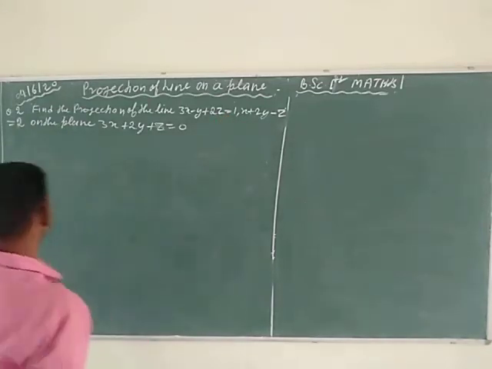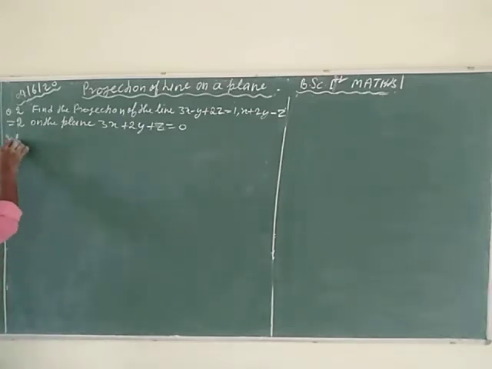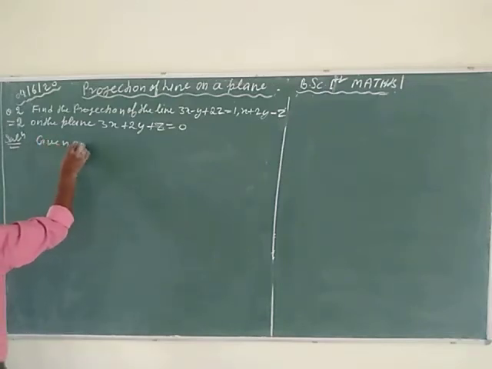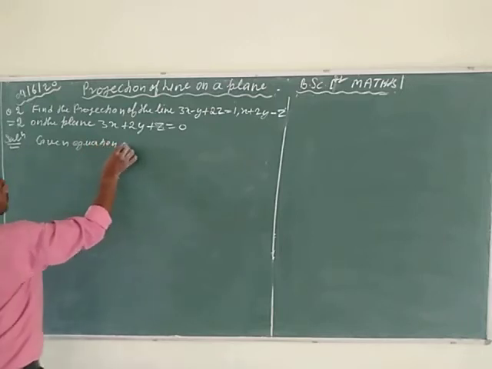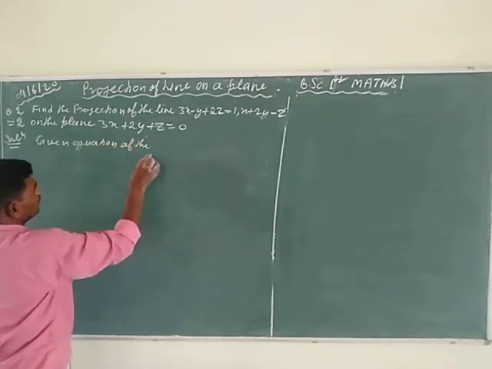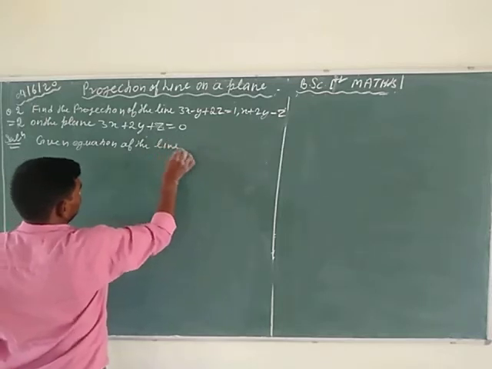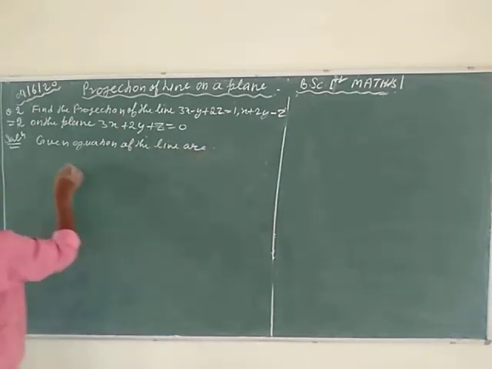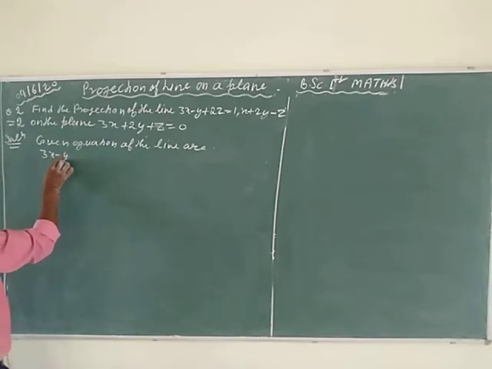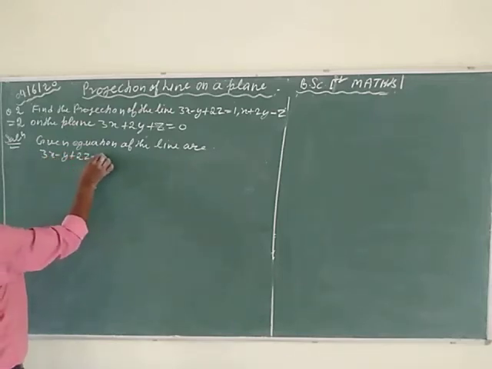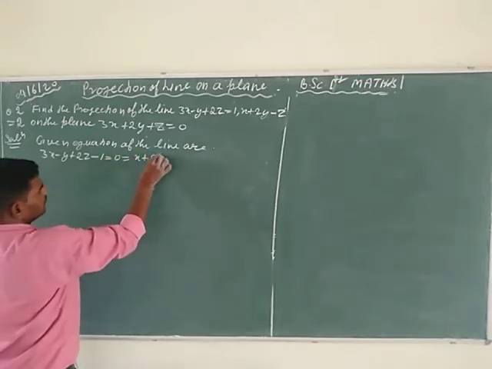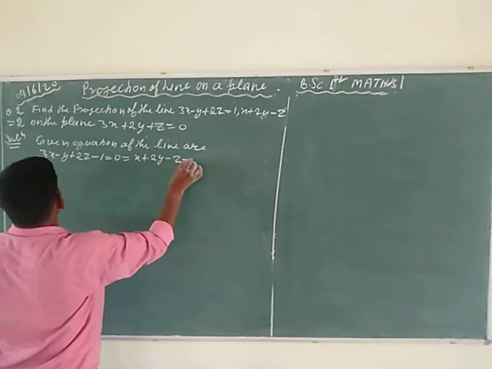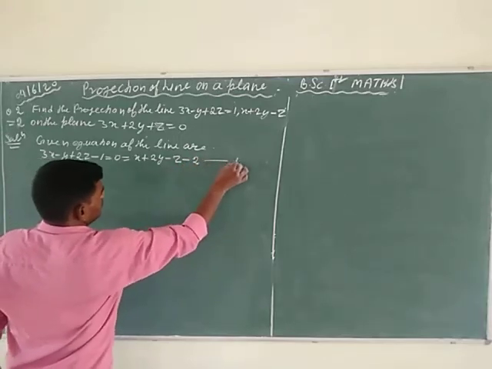So here in the solution, the given equation of the line is 3x minus y plus 2z minus 1 is equal to 0, equal to x plus 2y minus z minus 2, represented by first.